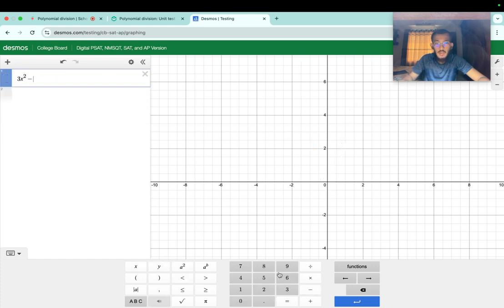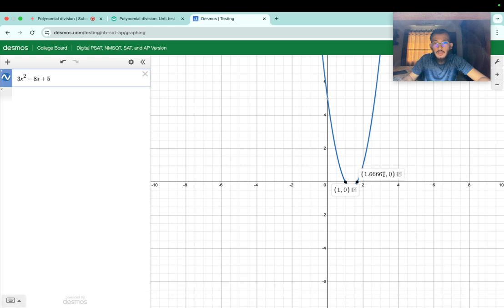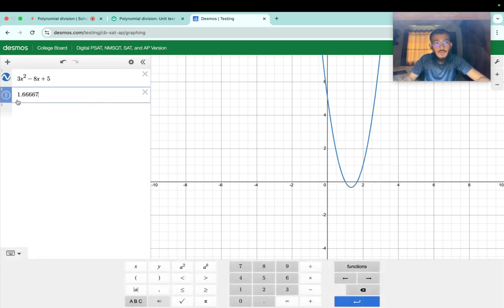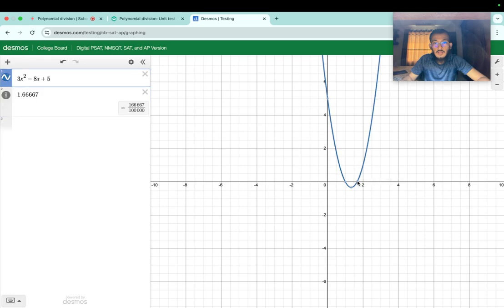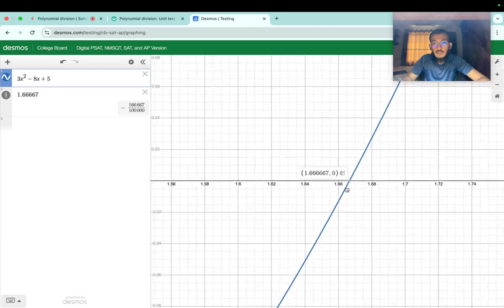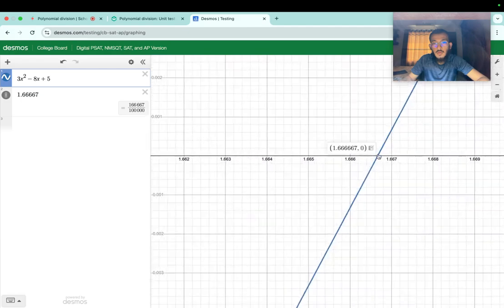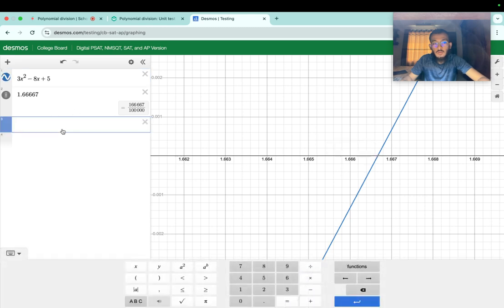3x squared negative 8x plus 5. What do we have? We have 1 and this thing. Let me see, 1.667. I think it's 1 whole 2/3. No, 1 is here. 1 plus 2/3.